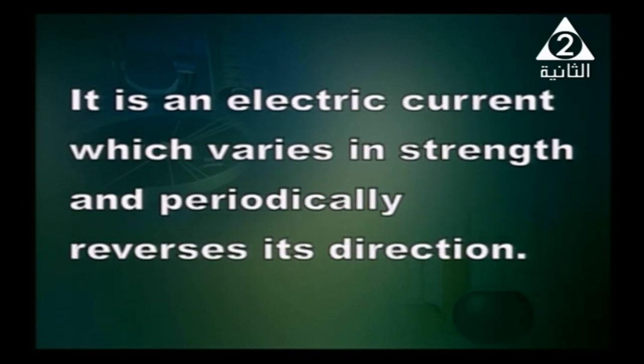It is an electric current which varies in strength and periodically reverses its direction. This was the definition of alternating current.